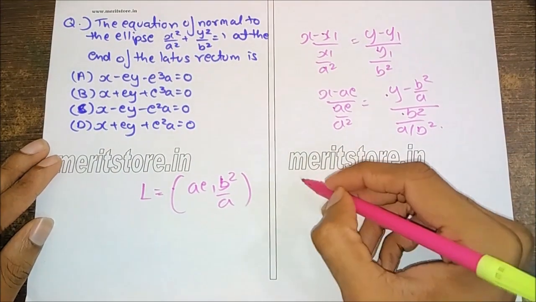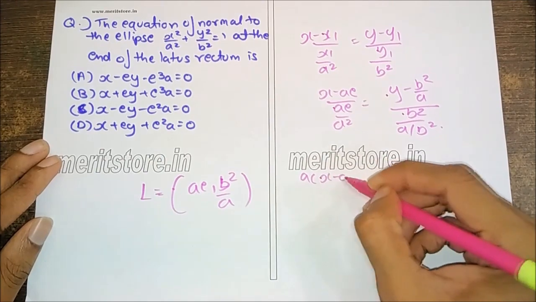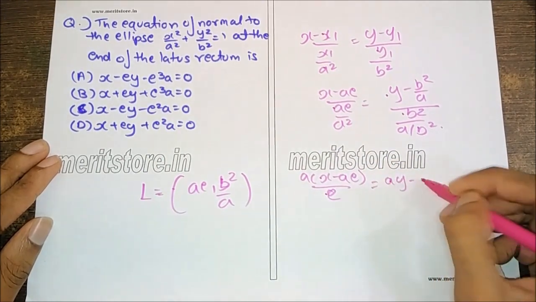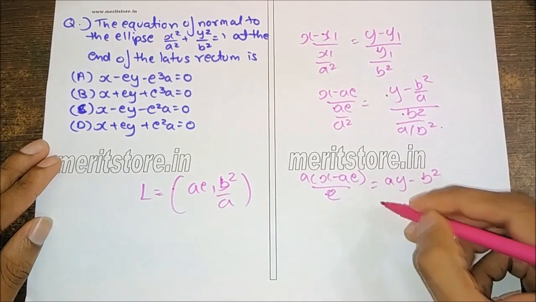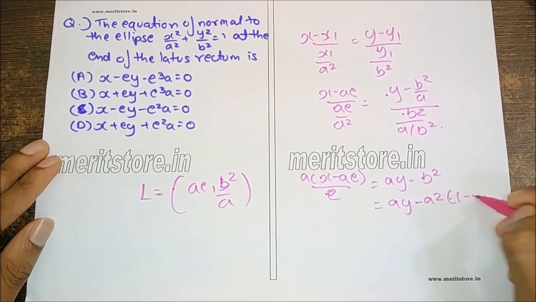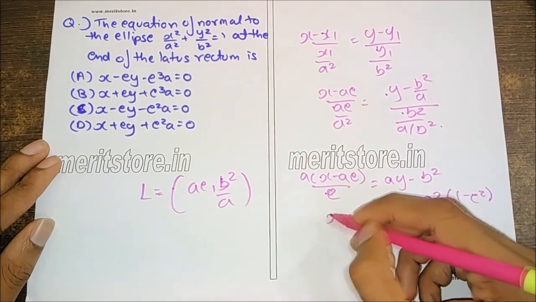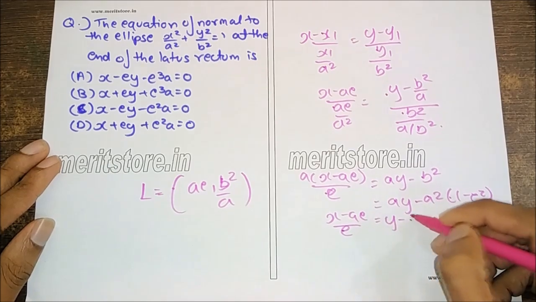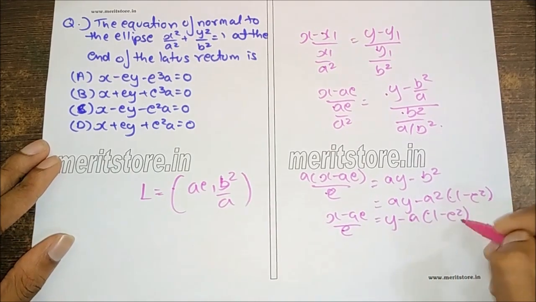Therefore, further solving, we get (ax − ae)/e = ay − b². Further solving, we get ay − a²(1 − e²)x − ae/e = y − a(1 − e²).